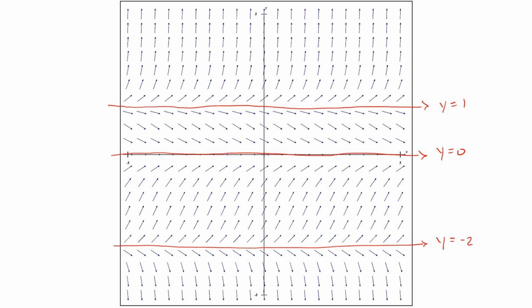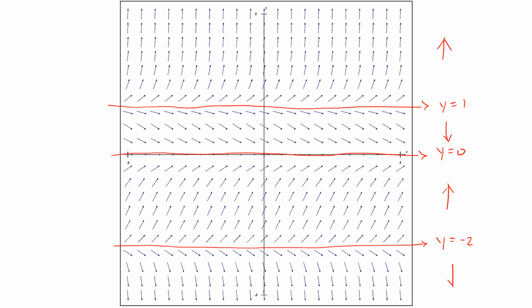Notice in between each one of these critical points, the direction of our fields. Here we have the solutions moving away from 1, but towards 0. Here we have the solutions moving toward 0, but away from -2.